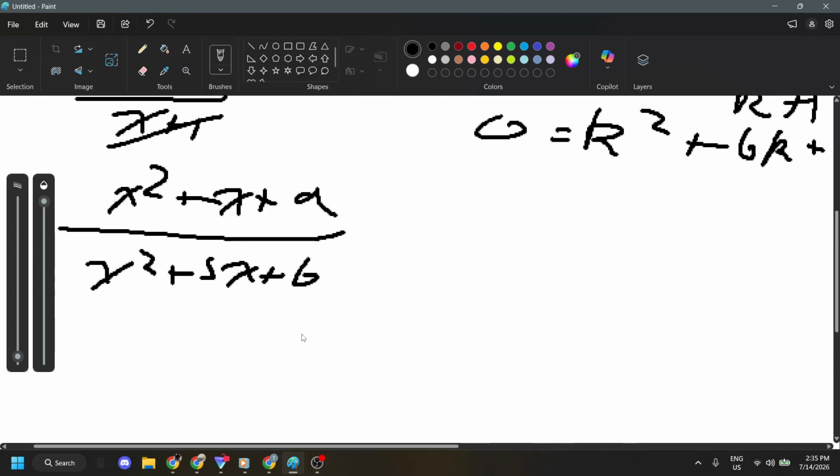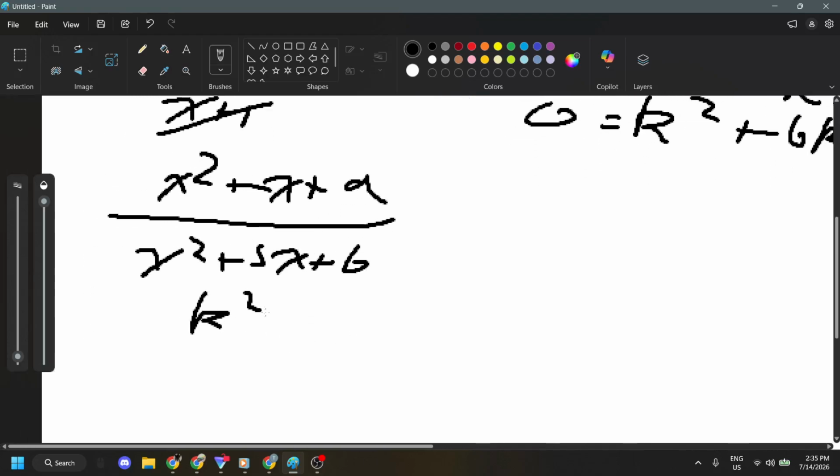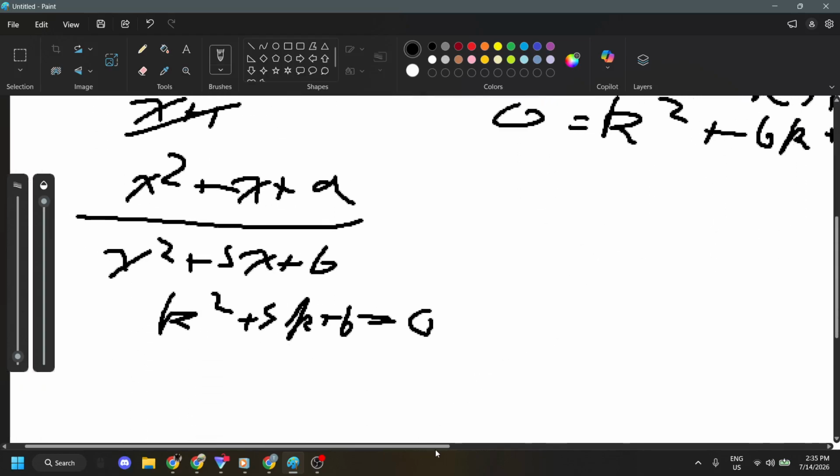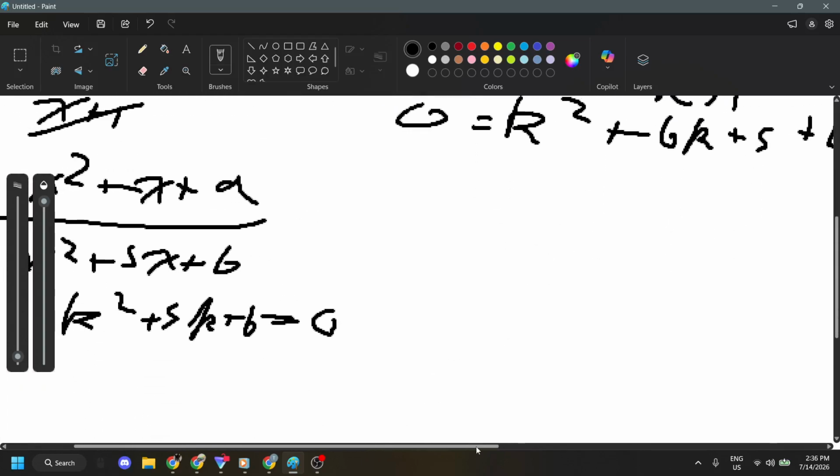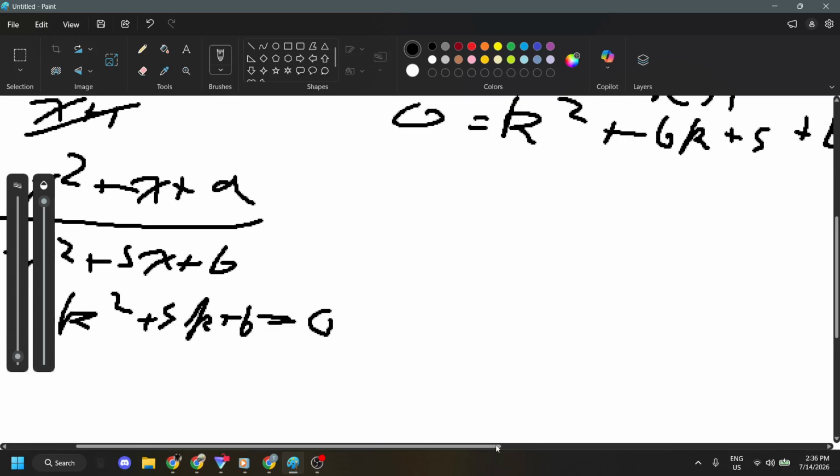X squared plus 5x plus b, k squared plus 5k plus b has to also equal 0. In addition to this, so maybe we should just, can we subtract these? I think these are two different equations that both give us information.